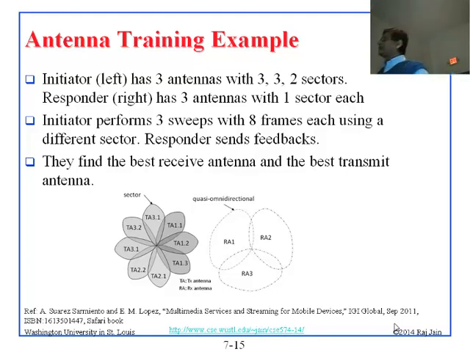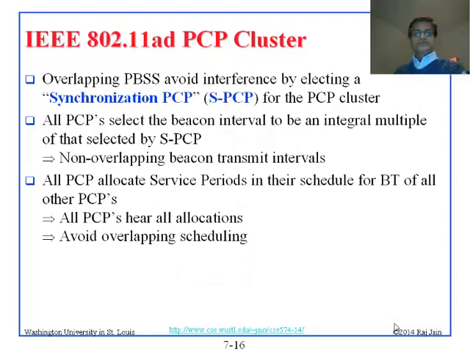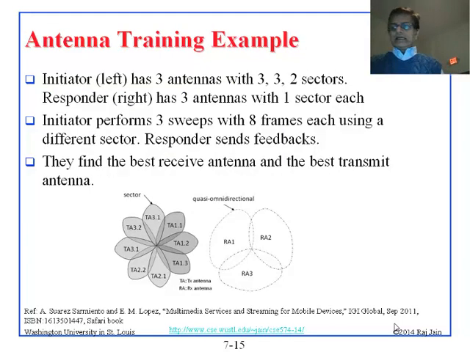So the first sector level sweep would be 24 frames like that. All right, so one thing should be clear by now: this whole thing about antenna training was not there before, because things were not so directional.